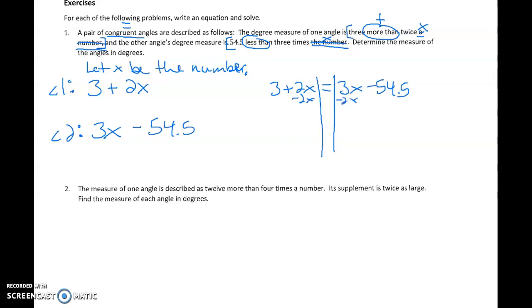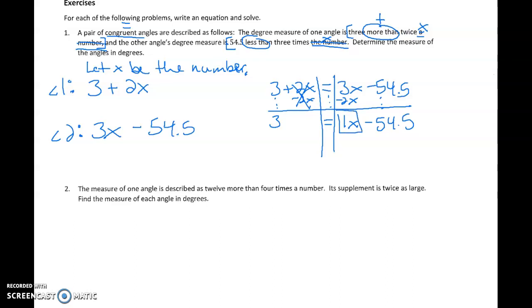Whatever I do to one side, do it to the other. Notice I do it once to each side. I just line it up with the x's. So I bring down my 3. These give me 0. I bring down my equal sign. If I have 3 x's and I take away 2 of those x's, I'm left with 1x. And I bring down my minus 54.5. Now we're basically at a one-step equation. I need to solve for 1x.